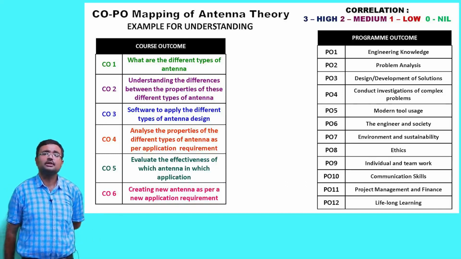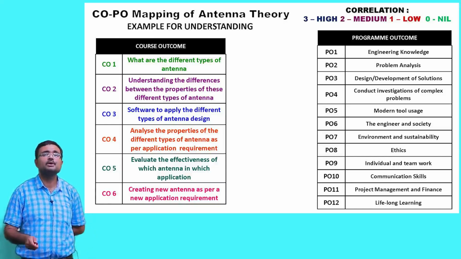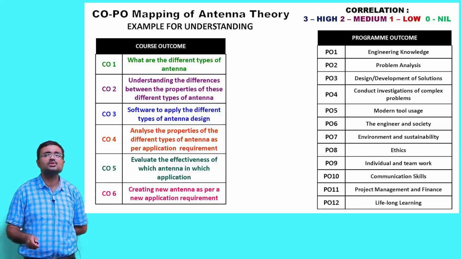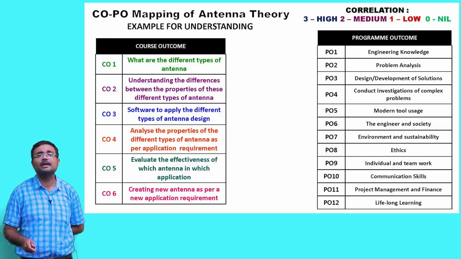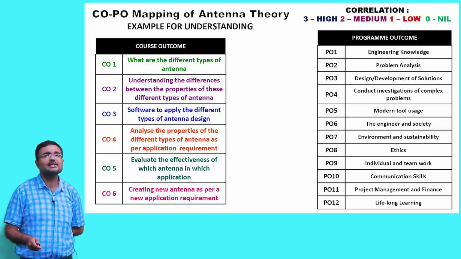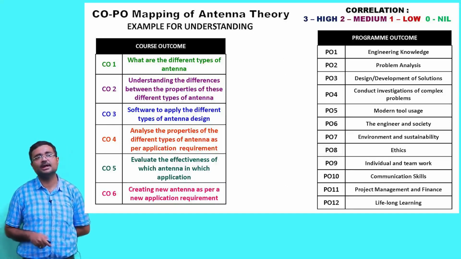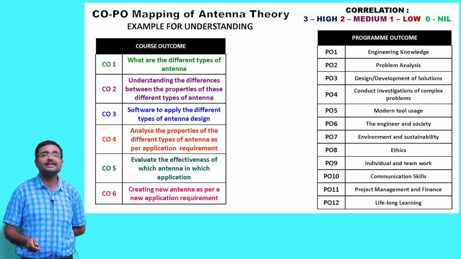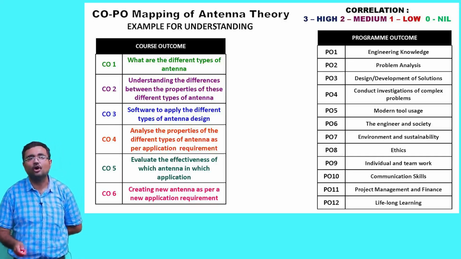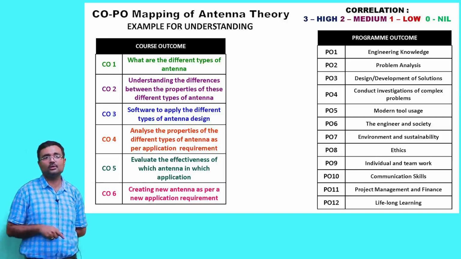Now to measure that, right from the very beginning the COs must be mapped to the POs. Each and every CO must be mapped to some PO or the other. But it is not mandatory that these COs cover all the POs in a particular course.